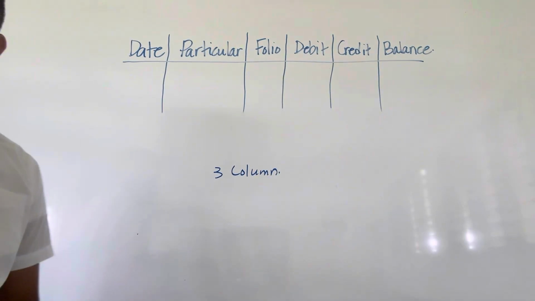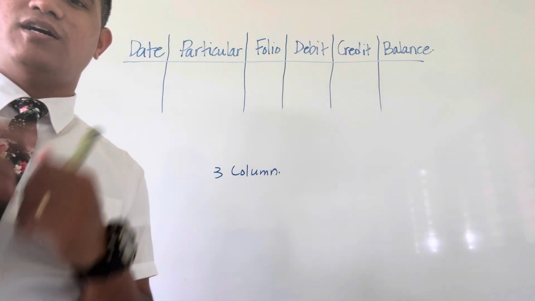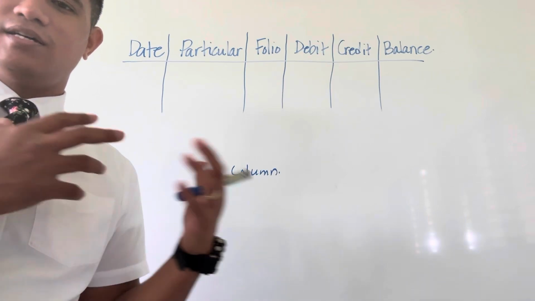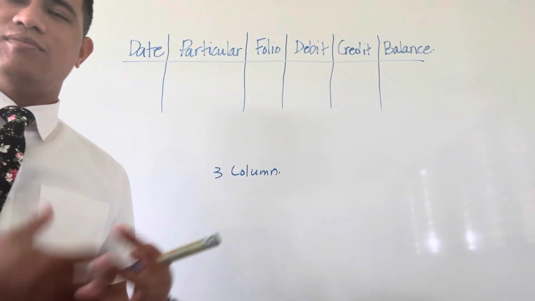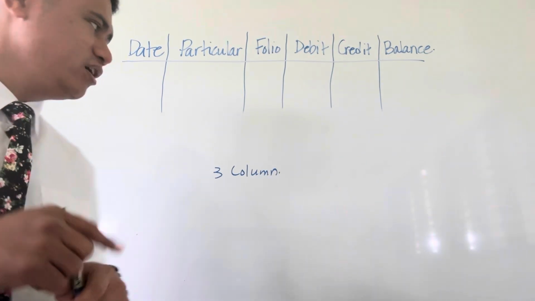Okay. Now let's say for example I'm going to give the elements of accounts: assets, liabilities, and owner's equity.